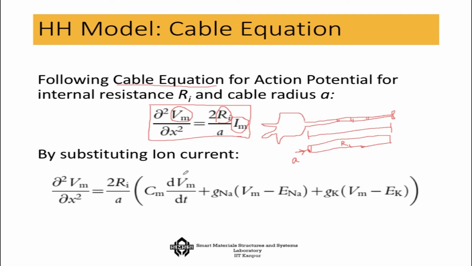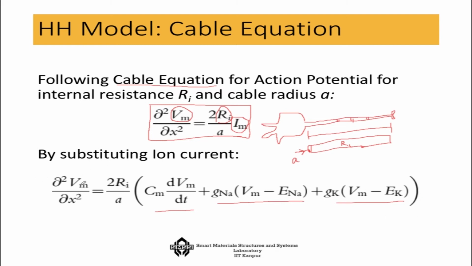Now the membrane current we already know can be written in terms of the current across the capacitance, and then across the sodium channels and across the potassium channels. The leakage part is not considered, it's just neglected here, but you can include that.